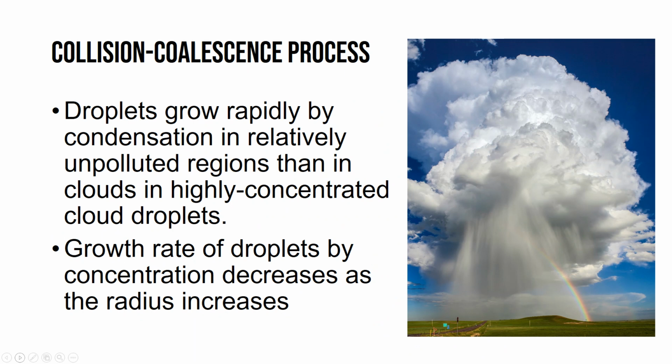More CCNs distribute water to many smaller raindrops. That's one of the factors that we look into in local weather, wherein the more pollutants that we have, the less likely it will rain, because it distributes water vapor into so many smaller drops, inhibiting droplet growth to sizes that are possible for it to reach the surface.